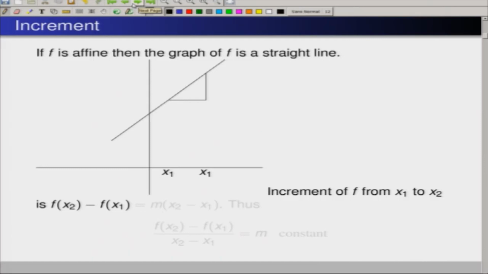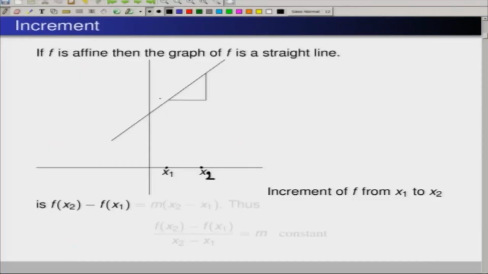Now, suppose f is an affine function. This is what it is going to look like. Suppose this point is x 1 and this is x 2. When I am going from x 1 to x 2, the function is increasing from f of x 1 to f of x 2.